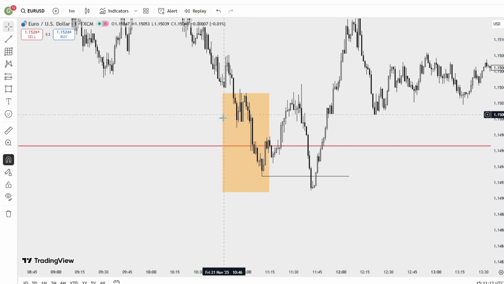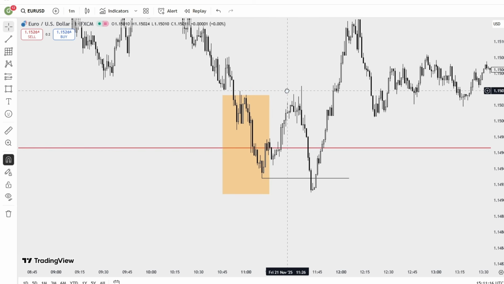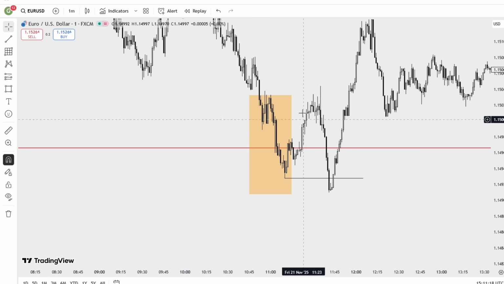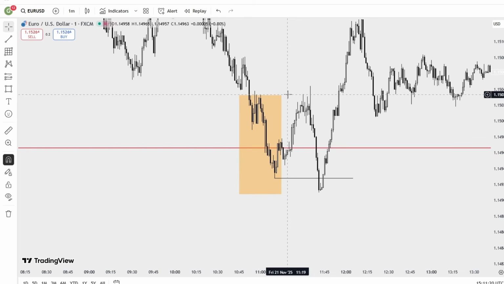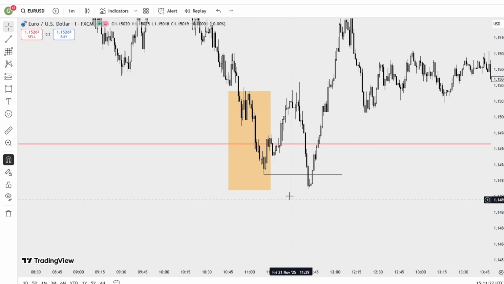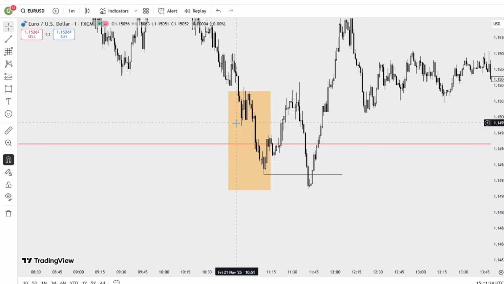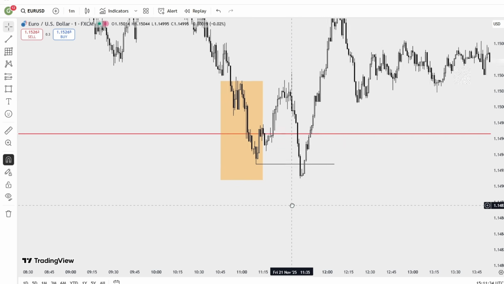So this is your valid 15-minute candle range because you purged the key level, right? And after the purge, you have this range, okay? You have a range in the key level, and the manipulation will occur after this range and after hitting a key level.